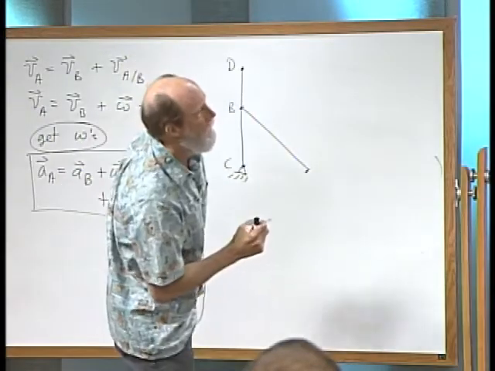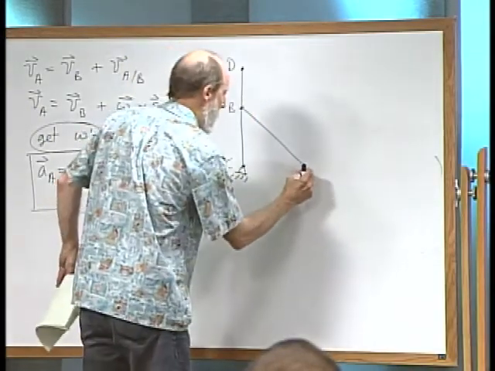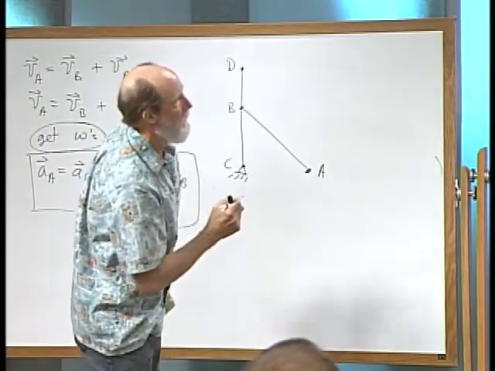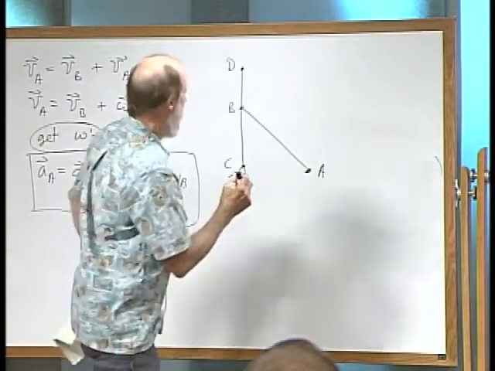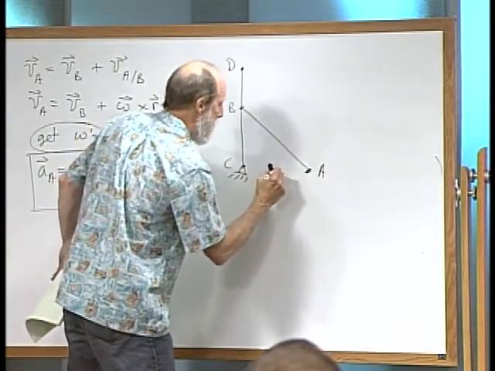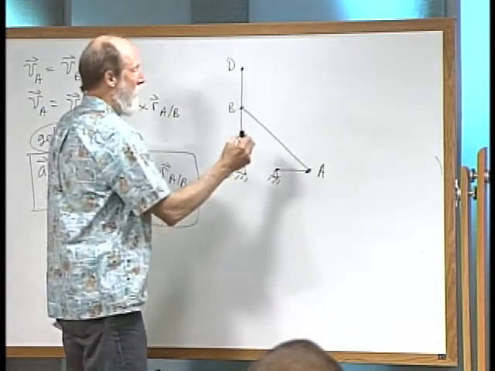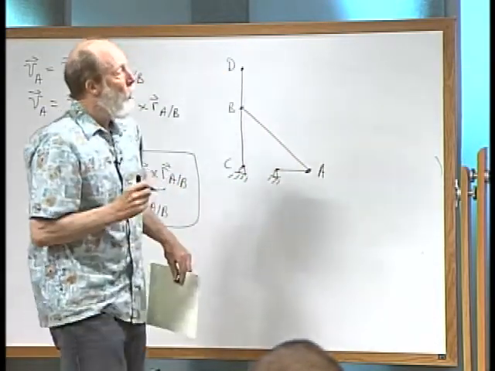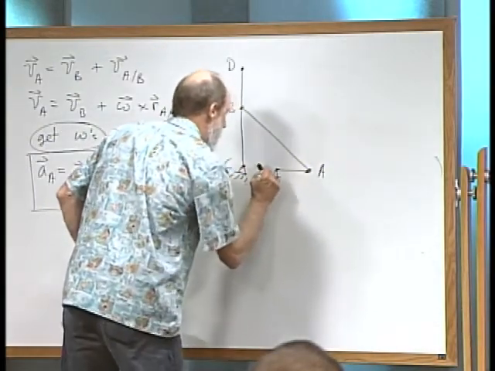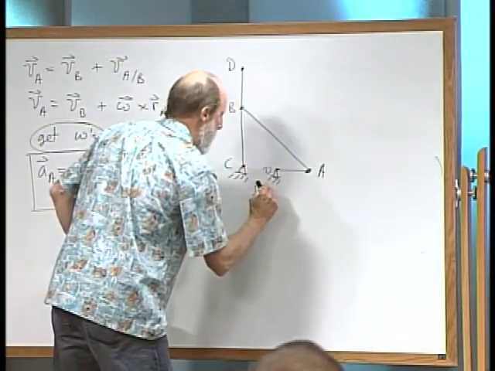It's a pin. And then the support point is halfway in between these 2 points. This is point O and A.